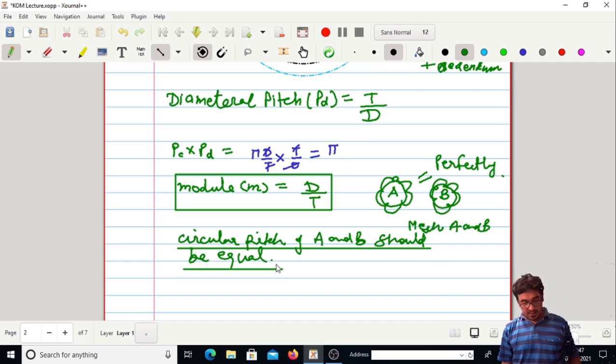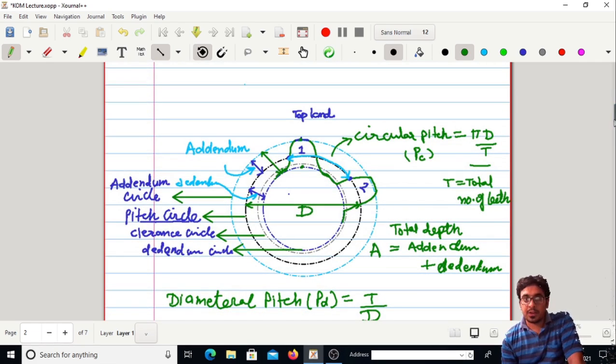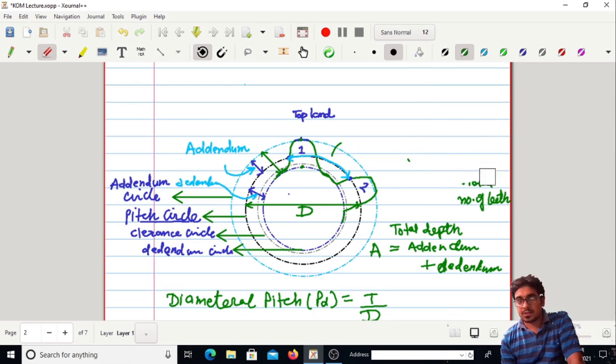Okay, next, if we need to mesh some gear B to A, let me now draw that particular gear. So for that I need to erase this term. We'll write it again. I need to erase this term.